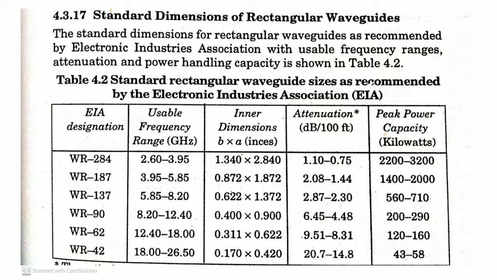So this is for your reference, that is how a waveguide's dimensions can be changed, and according to dimensions its frequency also changes, and the peak power handling capacity also changes.